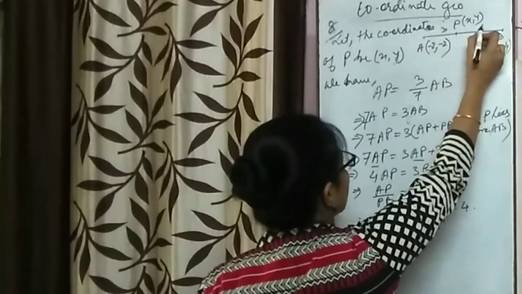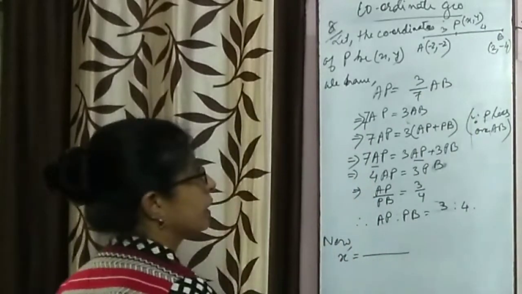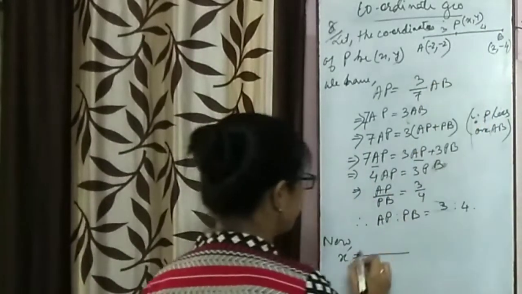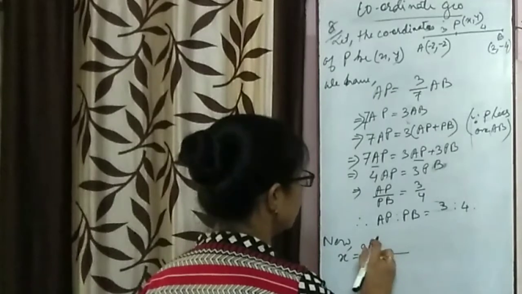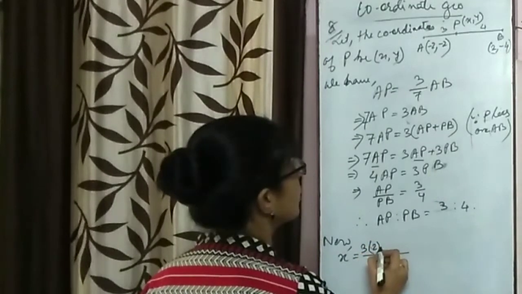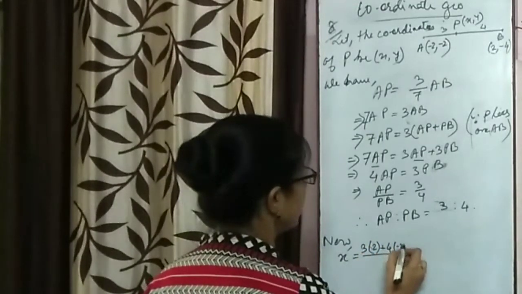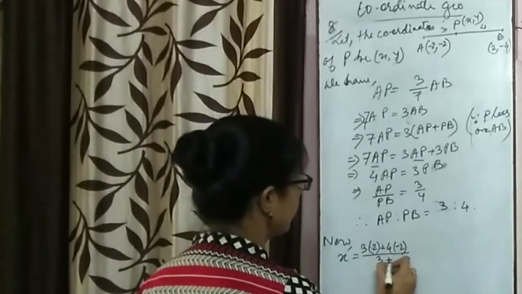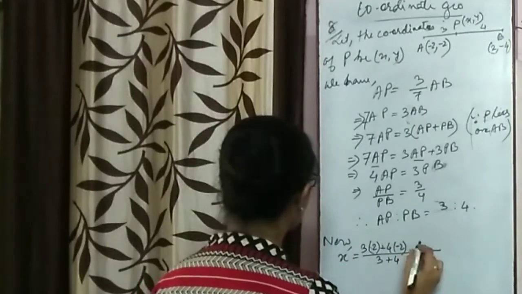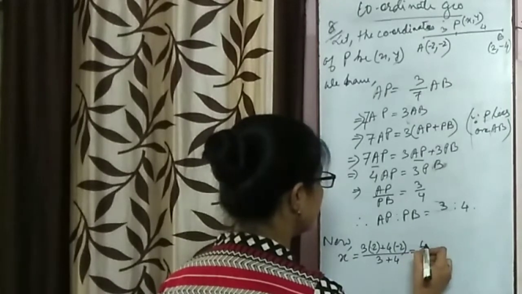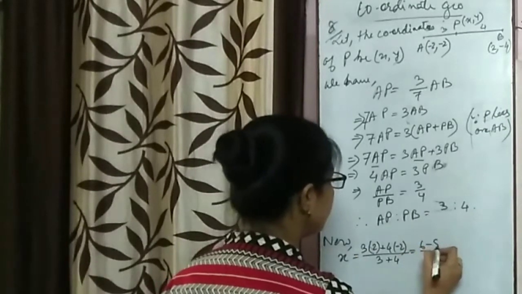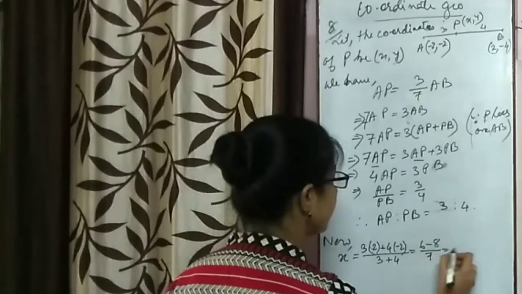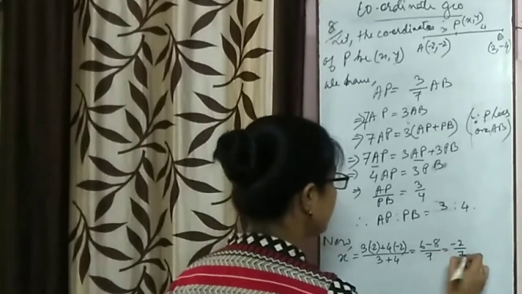Now as usual, you find the x coordinate. If it is 3 and this is 4, for finding the x coordinate: 3 into 2 plus 4 into -2, over 3 plus 4, that is 6 minus 8 by 7, which is -2 by 7.